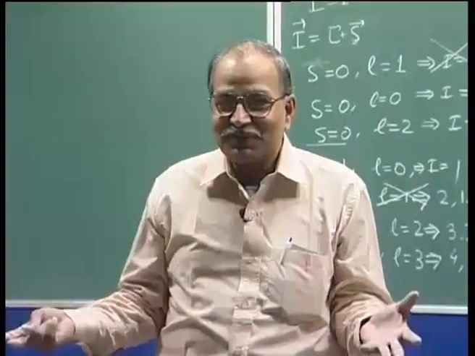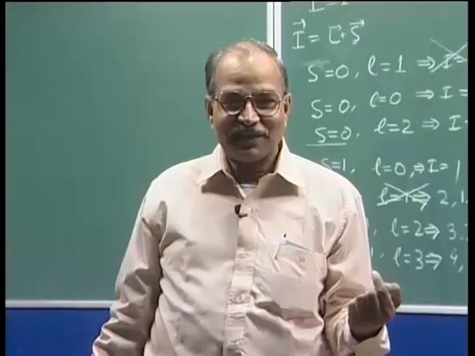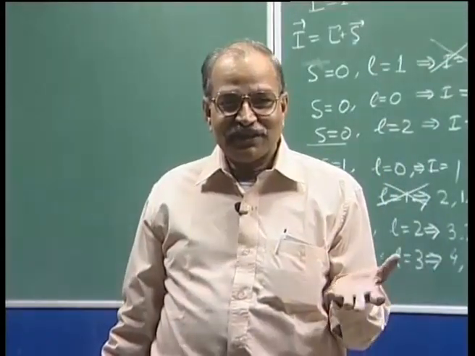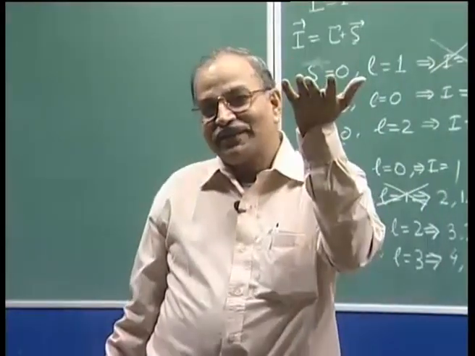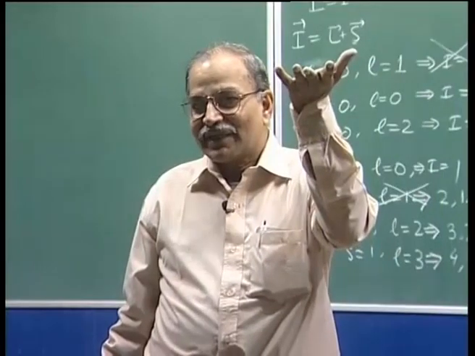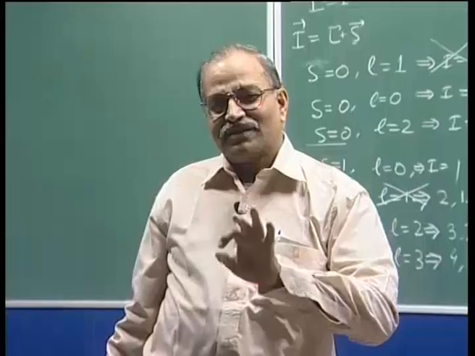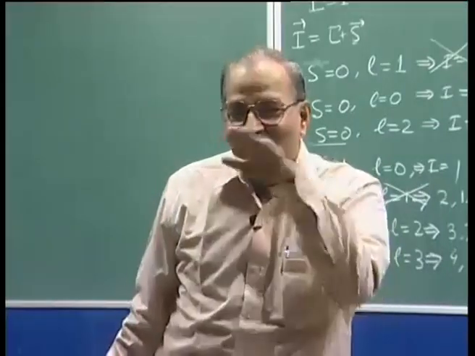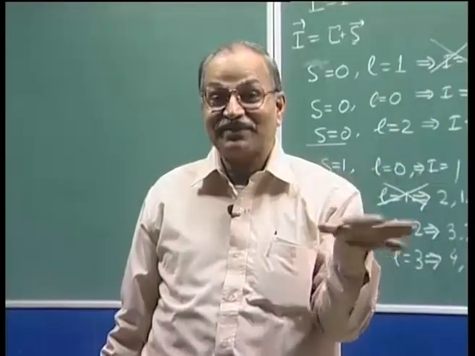Capital S equal to 0, no. You do not have a bound state corresponding to capital S equal to 0. So, for capital S equal to 0, if it is a square well potential, the depth will be less than 36 MeV, it is not able to bind it. Whereas, for capital S equal to 1, the depth is just able to bind it, okay, just able to bind it. It is a very weakly bound system.